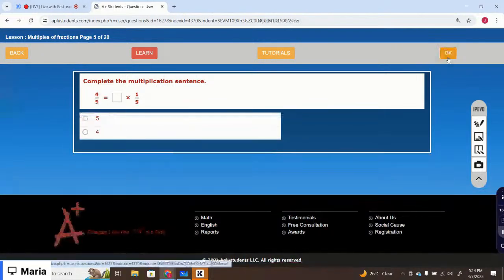4 by 5 equals the missing number times 1 by 5. So which number is missing? That is 4 by 5. The correct option is 4. Option number 2 is the correct option.